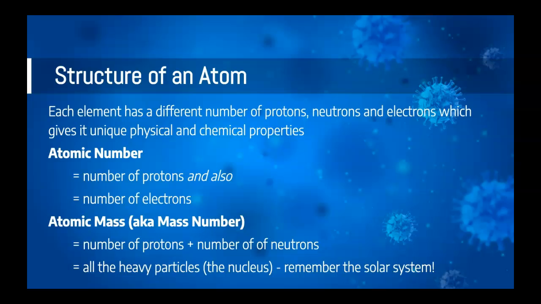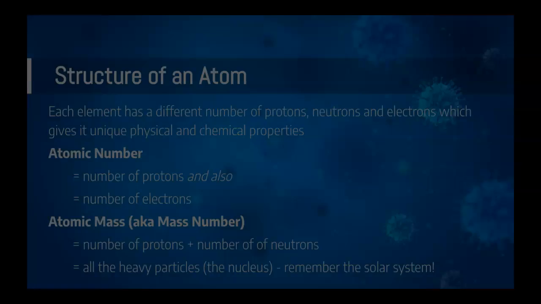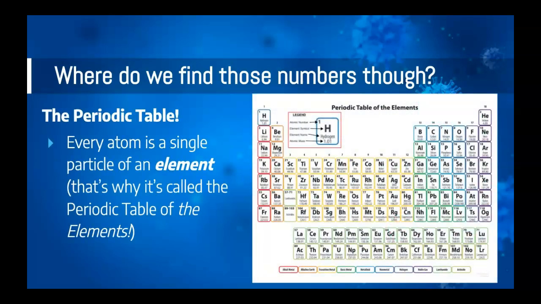And remember back to the solar system model, right? We've got this heavy nucleus in the middle, just like we have a heavy sun in the middle of our solar system. All right. Now, the next question is, where do you find those numbers? Where do you get the atomic number? Where do you find the atomic mass? Well, the periodic table. And if we look at the periodic table, depending on which periodic table you look at, you will see a couple of different numbers that are included on it.